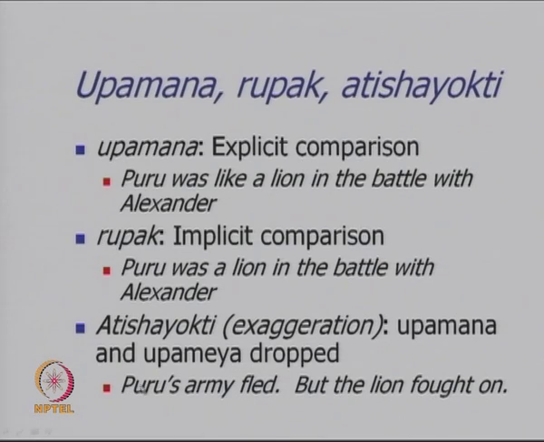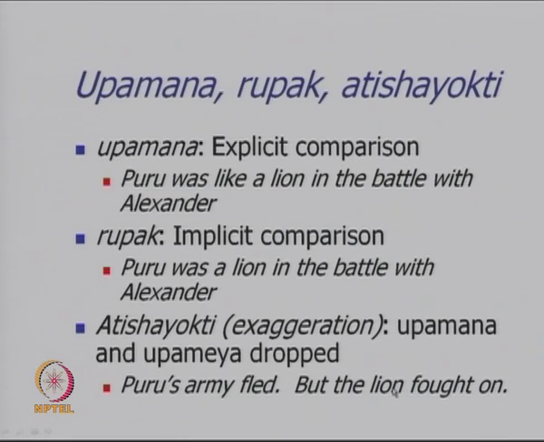So, we have these two sentences here forming a discourse. Puru's army fled, but the lion fought on. In this case, Puru's army fled, there is no comparison with anything here, but there is a comparison here, but the lion fought on.